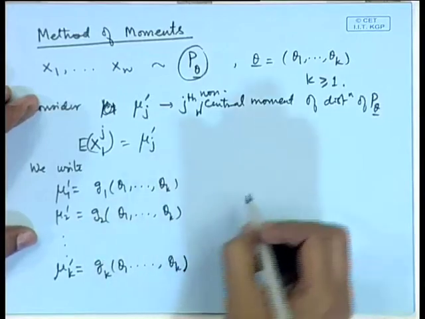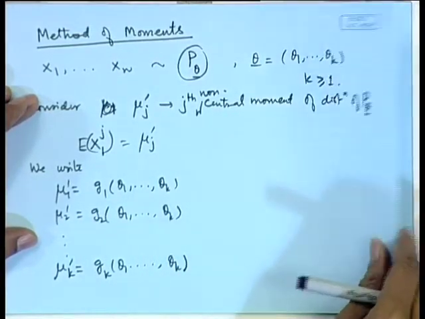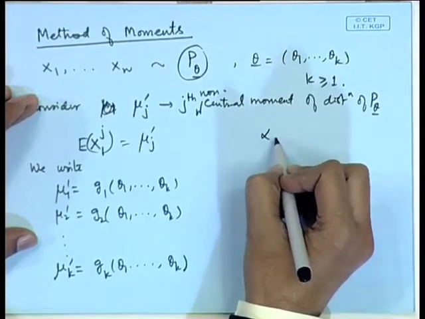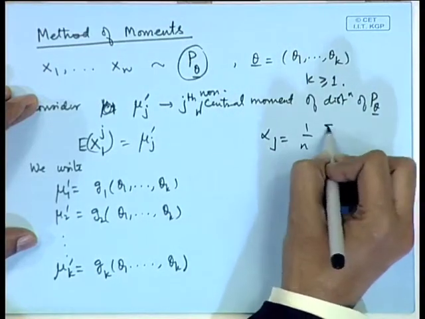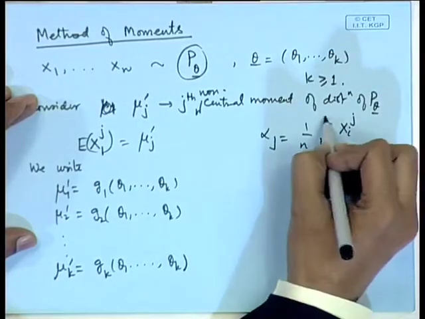Now, let us write here, I define alpha_j to be 1 by n sigma x_i to the power j, i equal to 1 to n.